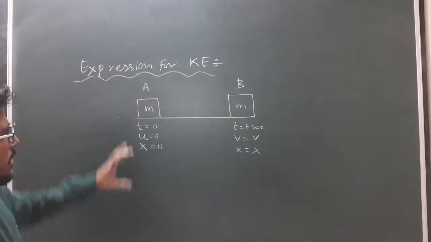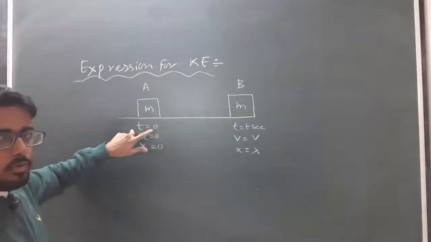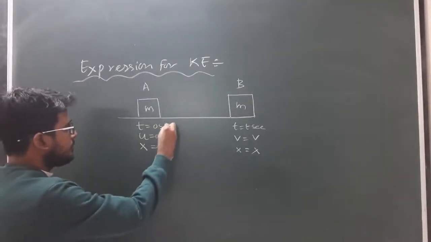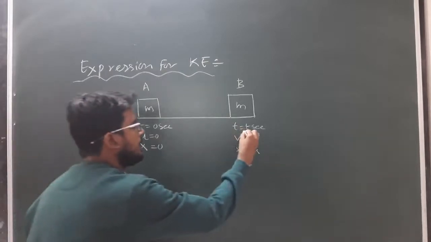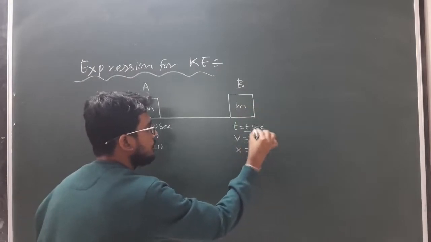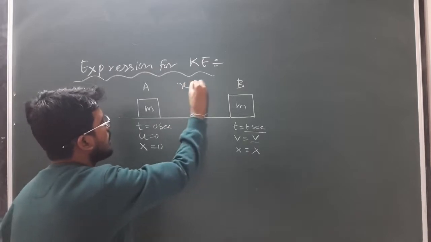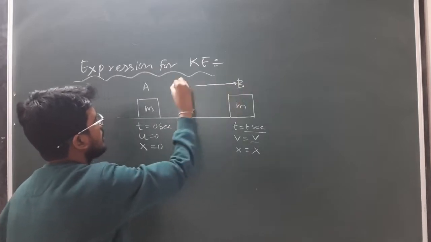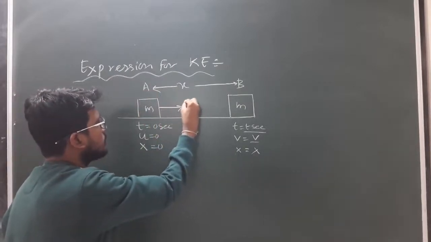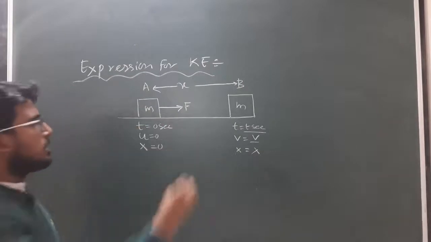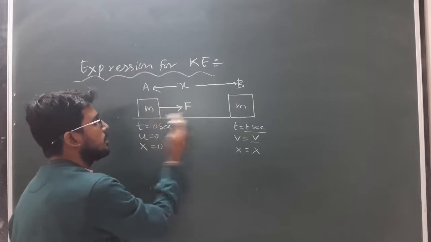Clear? So initially the block is at rest at initial time t equal to 0 second, and the displacement is 0. But after certain time t second, the block has some velocity v and it is displaced to a position x. So from point A to point B, the total displacement is x. Clear? And this happened because of an external applied force F. When we apply an external force on this block, due to this applied external force F, the block is displaced from 0 to x.